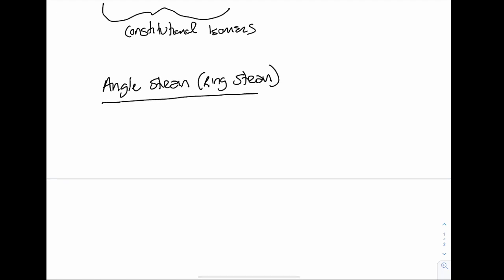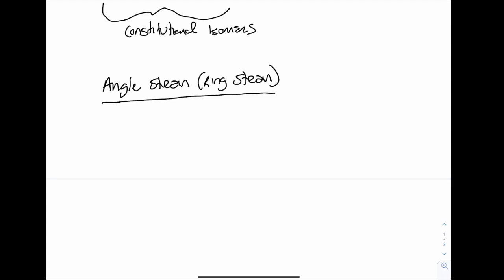But what this is, is if you have a bond angle that's either larger, so it's expanded, or smaller, it's compressed beyond what it wants to be. So remember, if something is sp3 hybridized, it's tetrahedral and it wants 109.5 degree bond angles. If it has an angle that's larger or smaller than that, it's going to have angle strain or ring strain.